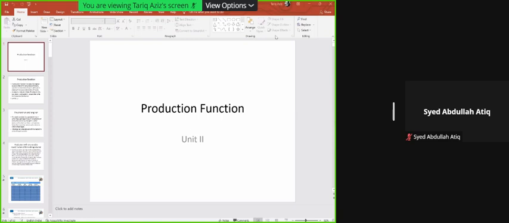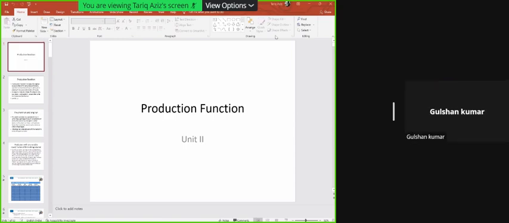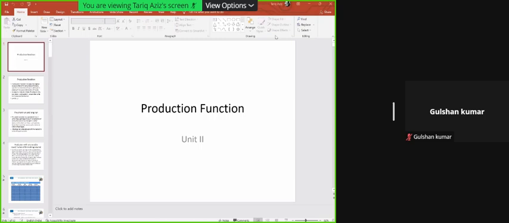How input is related with output, how output behaves when the input varies, how output changes. And this relationship can be studied in two ways: in short run and in long run.